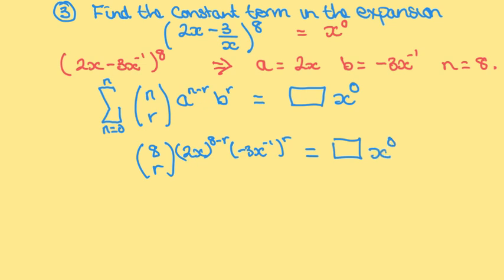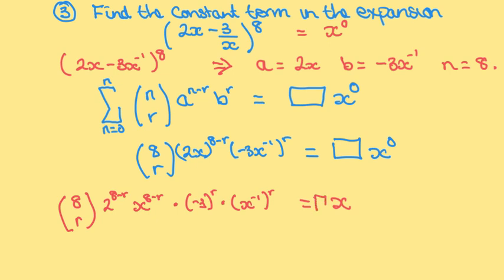I can expand that a little further, so I get 8 choose r, 2 to the power of 8 minus r, x to the power of 8 minus r, times minus 3 to the power of r, times x to the minus 1 to the power of r, and that must equal x to the power of 0 times a constant.